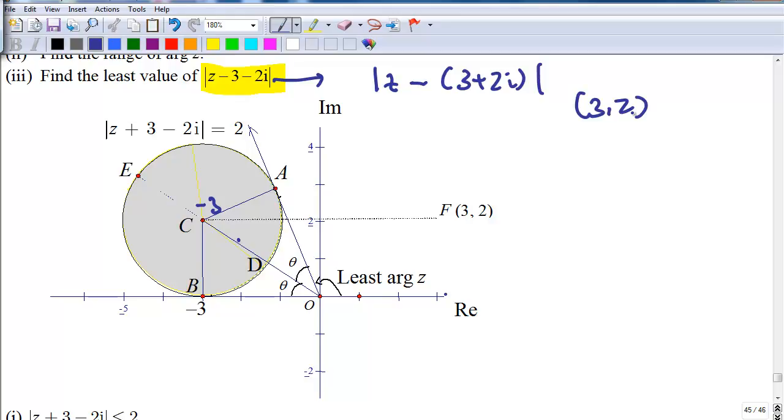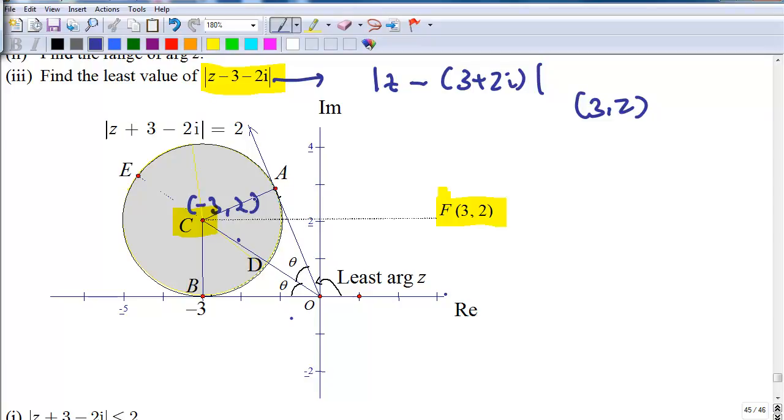If I were to plot 3, 2 on the Argand diagram, 3, 2 appears here. And very quickly, you can see that it's actually on par with the point C, because C has the coordinates minus 3, 2.